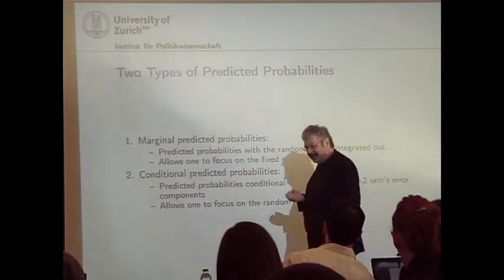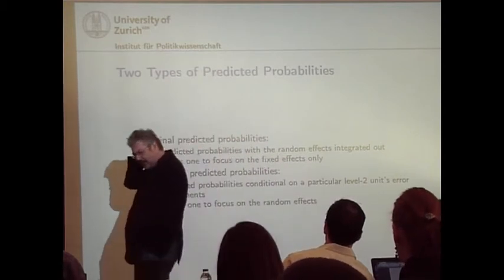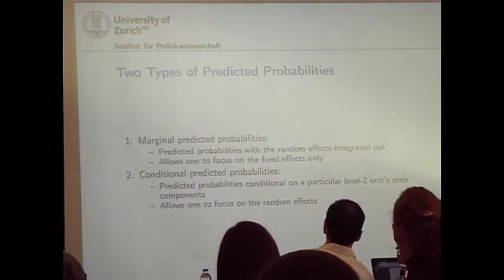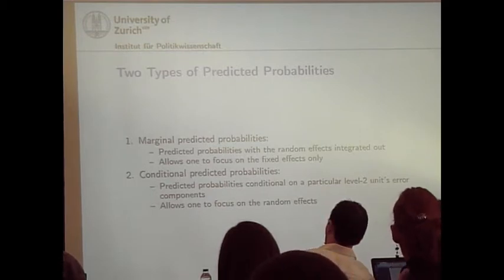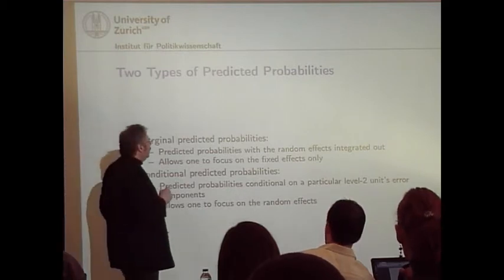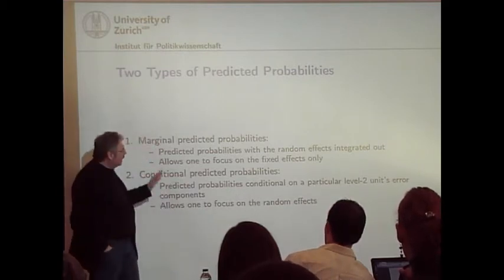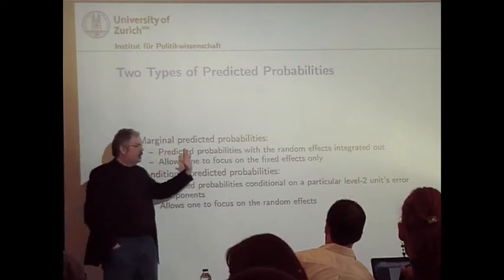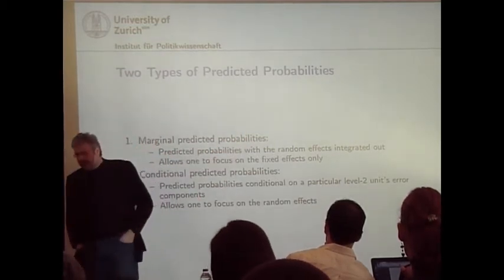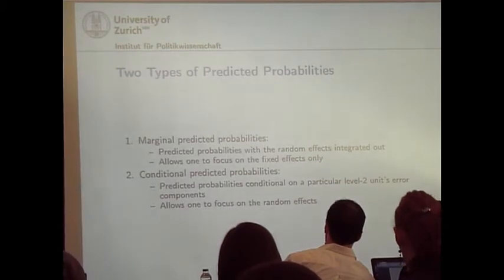And that's important to remember. So this is a bit the equivalent of a fixed effects interpretation in a hierarchical linear model, but computationally you get to that interpretation by integrating out the random effects.